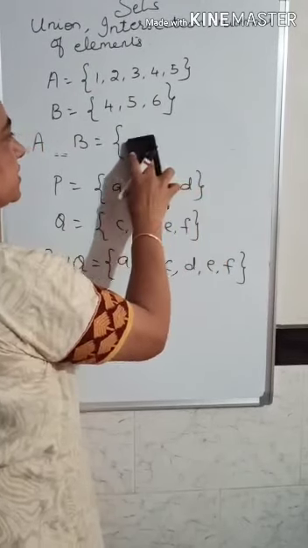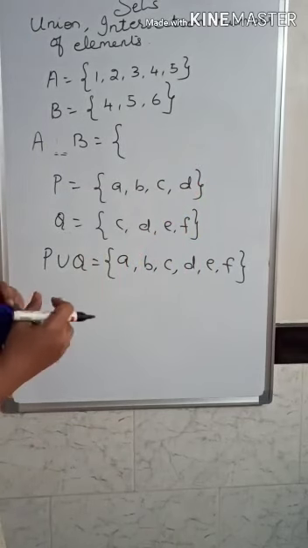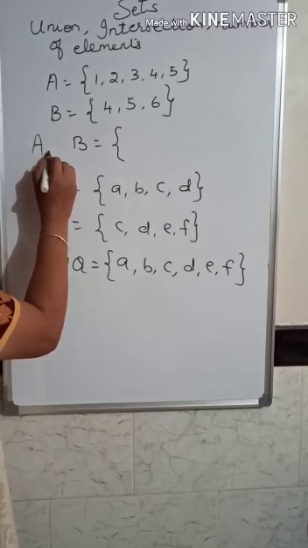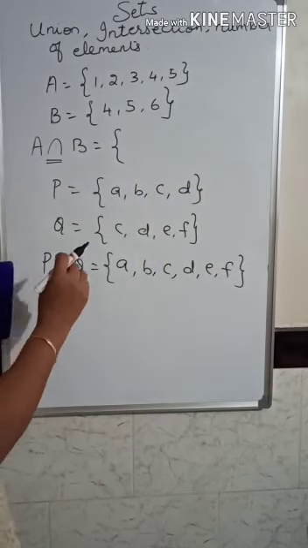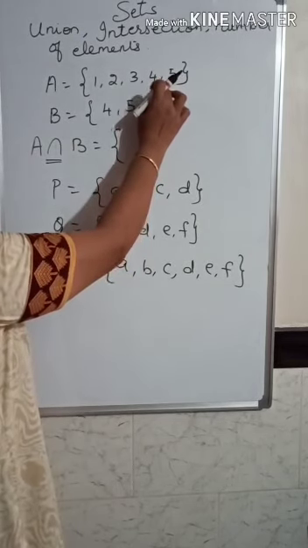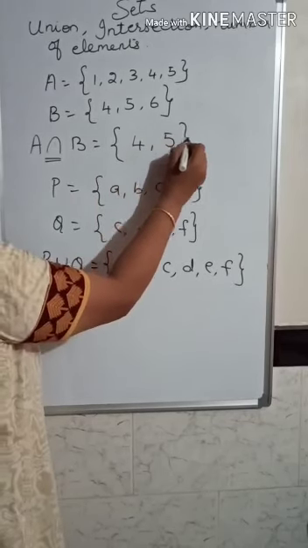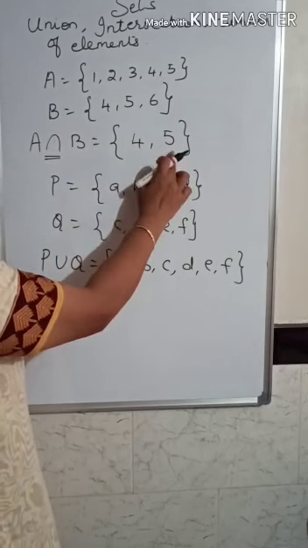The elements which are repeated in the two sets form the intersection. Now the notation used is this. So A intersection B is equal to the common elements present in set A and set B, which are 4, 5. So A intersection B = {4, 5}.